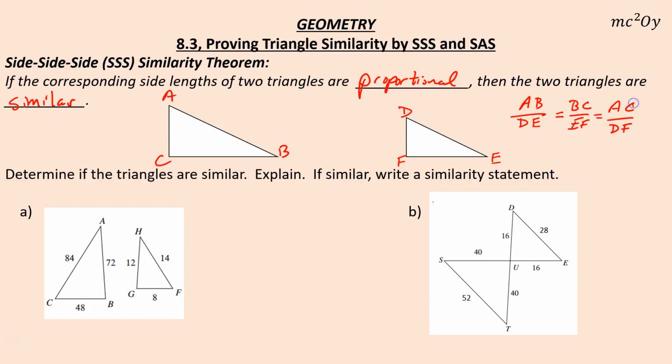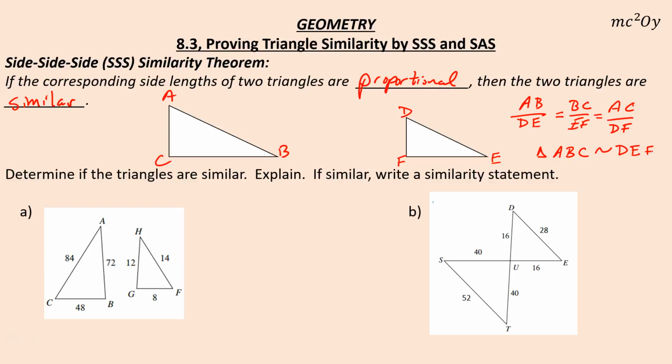Corresponding sides are proportional. In other words, if you find the ratio of their side lengths, and you get the same number, we call that our scale factor, or similarity ratio, then we know that the triangles, in this case ABC, would be similar to DEF.